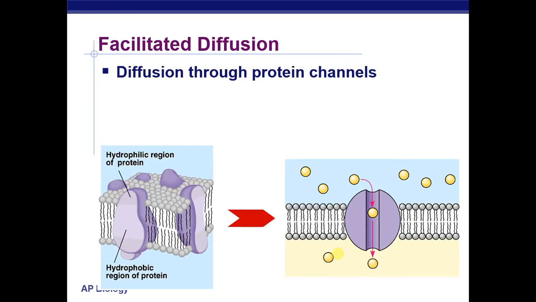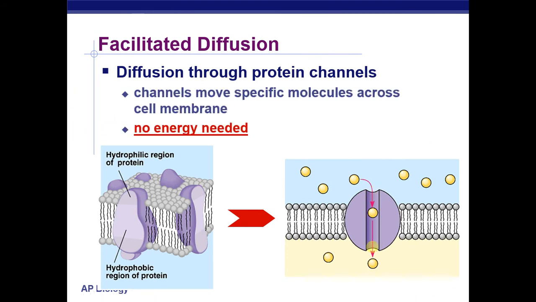For substances that are bigger or polar, that can't just diffuse through the plasma membrane on their own, there is facilitated diffusion, which just means that there is one of those channel proteins that we talked about that will help that occur. So it's still moving from high to low, except in this case, it's moving through this doorway, this channel that's created by the protein.